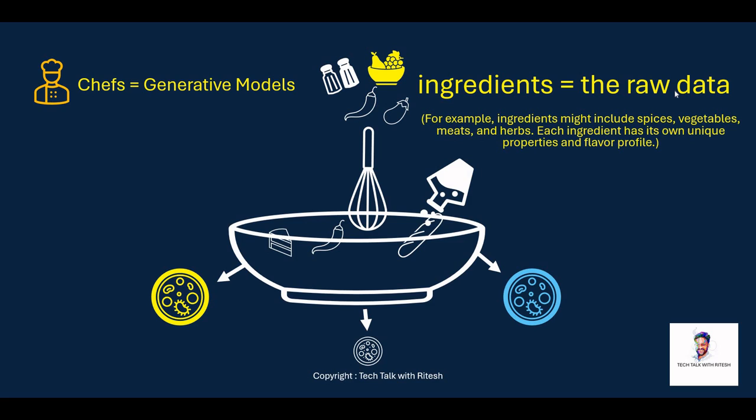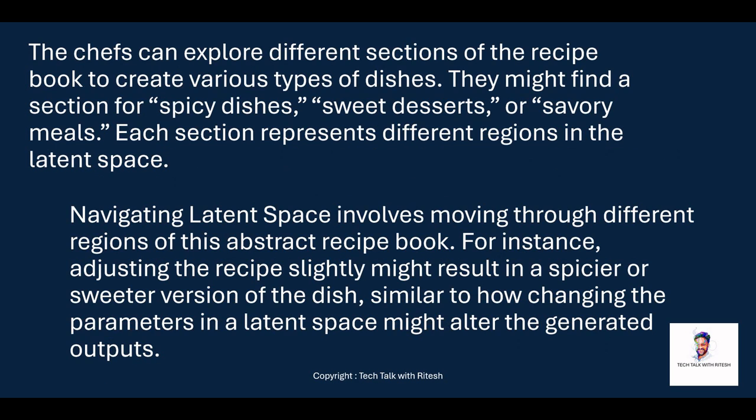Those different ingredients are the raw data, and the different mapping of these ingredients, I mean, how you are mixing those ingredients. You are taking one chili and then maybe half kg potato, or next time you are taking 1 kg potato and mixing it with something else. So how much raw data you are taking and which recipe you have selected, on the basis of that you are getting various outputs. That is the whole concept behind it.